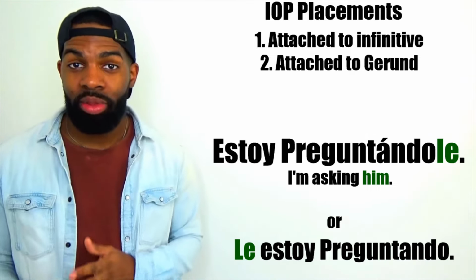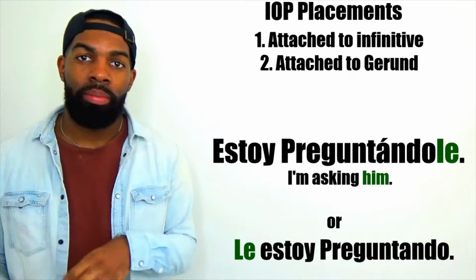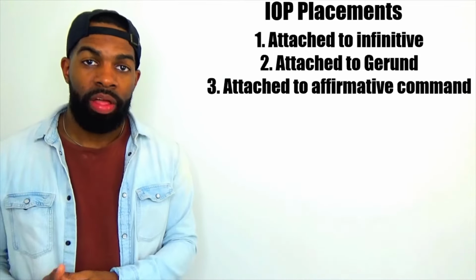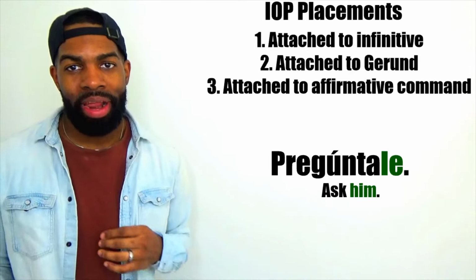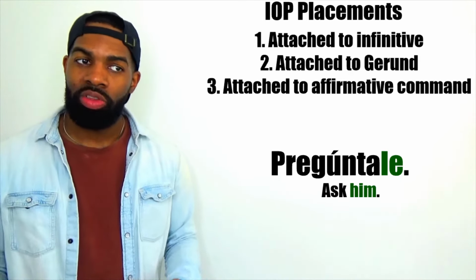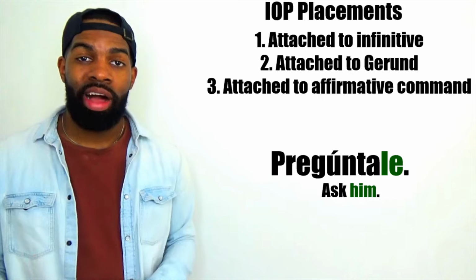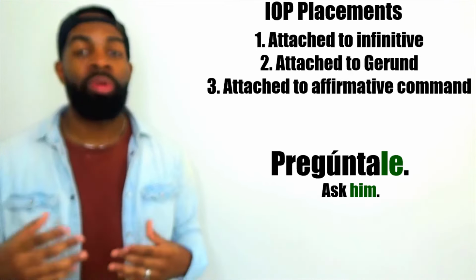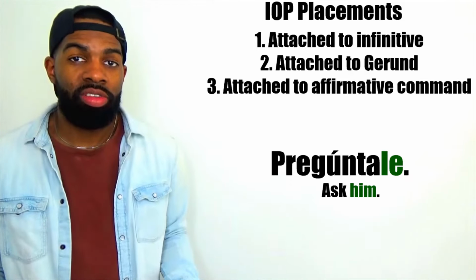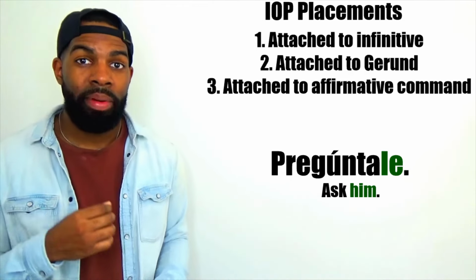Estoy preguntándole. I am asking him, her, or it. And then we have the affirmative command, of course. Pregúntale. So, once again, the third syllable, the third vowel from the end, will be the one that's accented to keep it uniform with the regular pronunciation of the word pregunta, pregúntale.